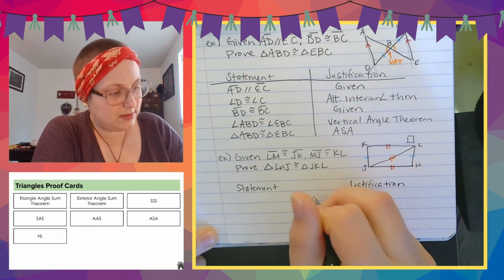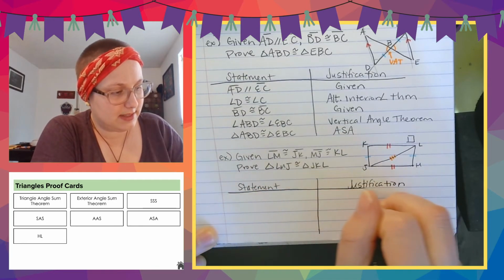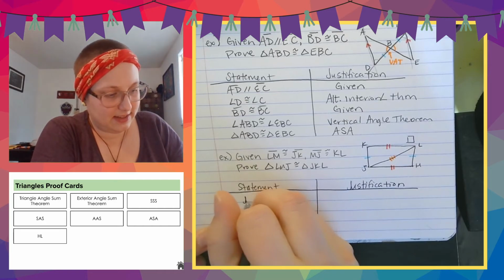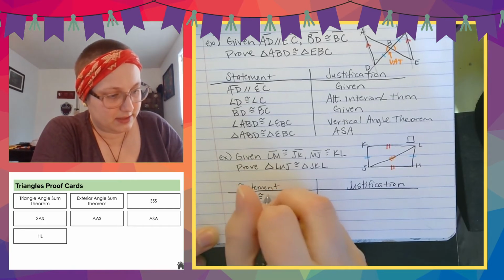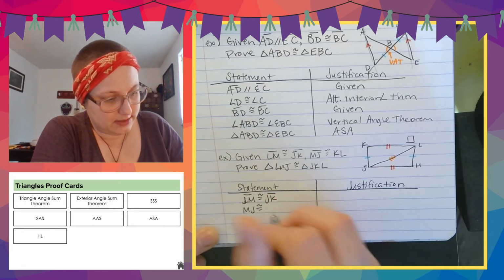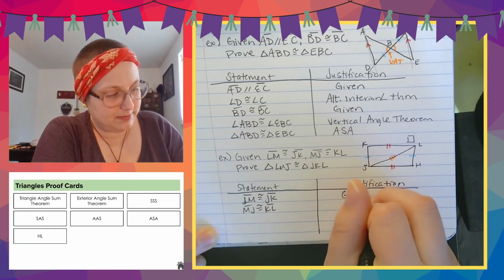So I know the two given statements. LM is congruent to JK. MJ is congruent to KL. Those are both given.